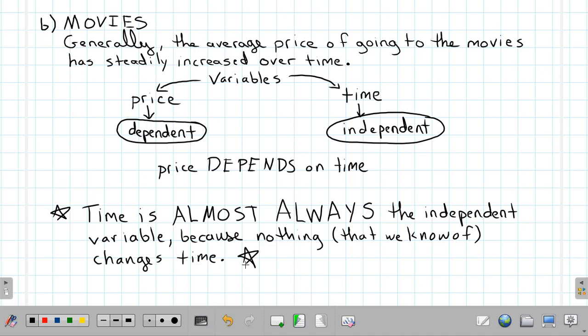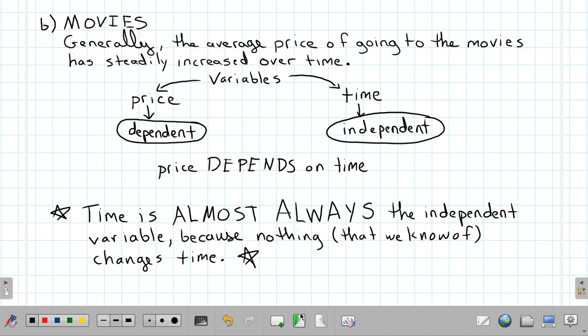Time goes on whether the price of movies is big or small, okay? Time goes on no matter how many tickets you sell to the fall ball, okay? Time goes on no matter how many math problems you work, okay? So in all those cases, time is always the independent variable.